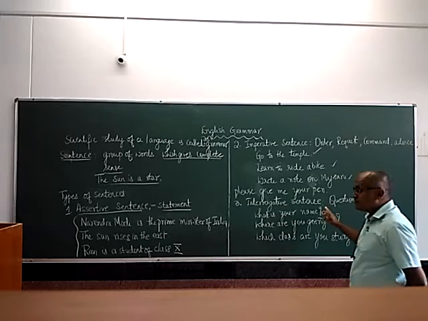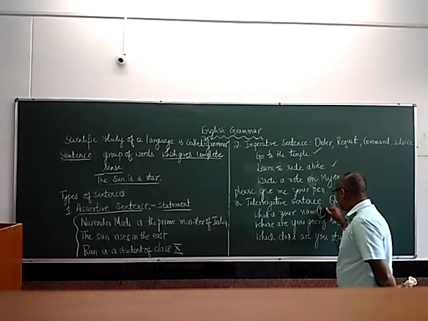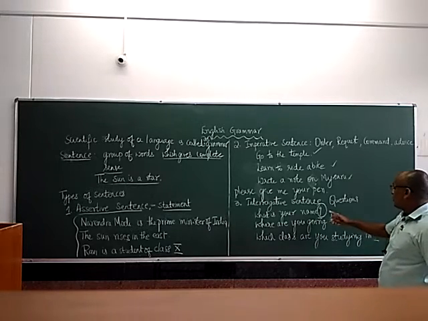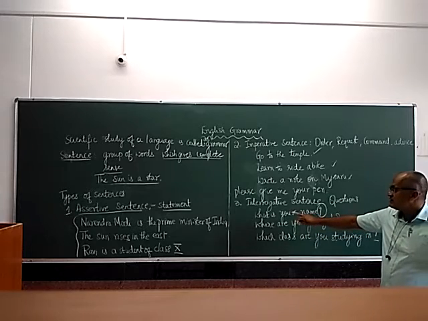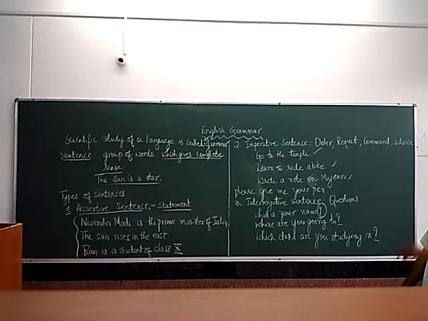It is a must in writing. Why is it a must in writing? Because if you don't mention this, you cannot understand whether it is an interrogative sentence or something else.